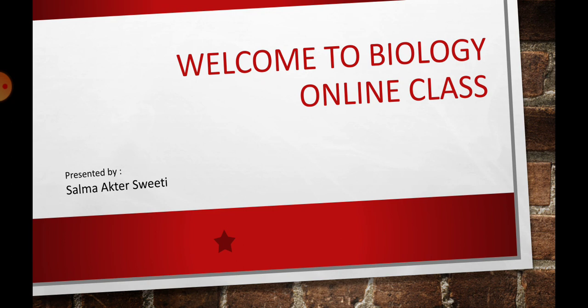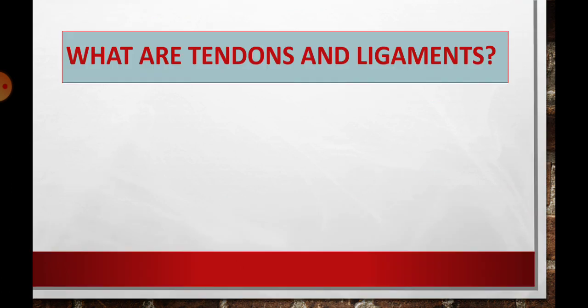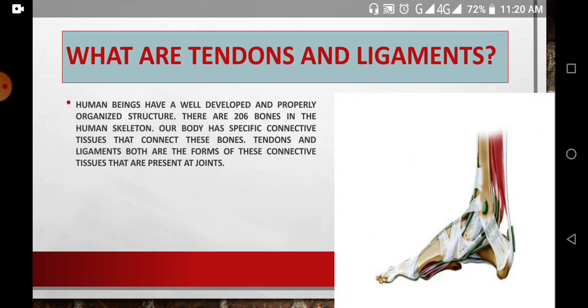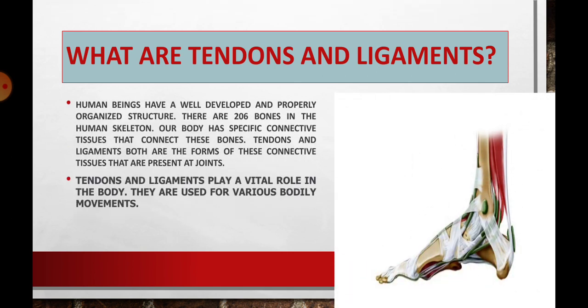In this video today we are going to tackle tendons and ligaments with their differences. At first we'll know what are tendons and ligaments. We are human beings and human beings have a well developed and properly organized structure.